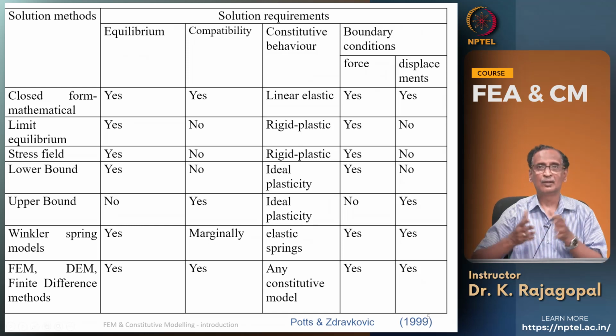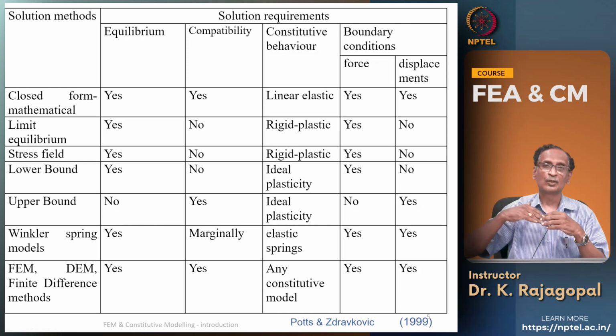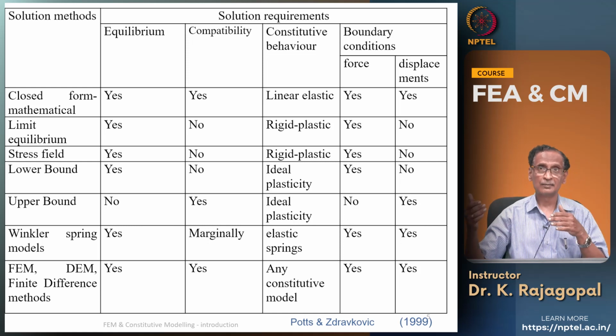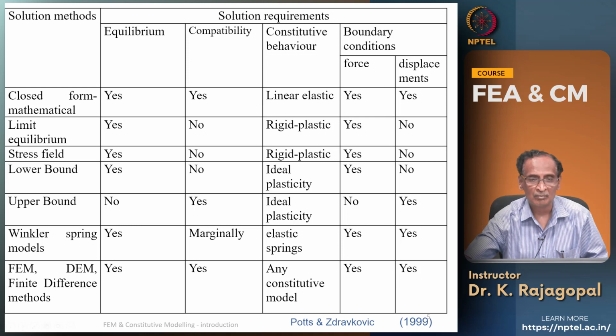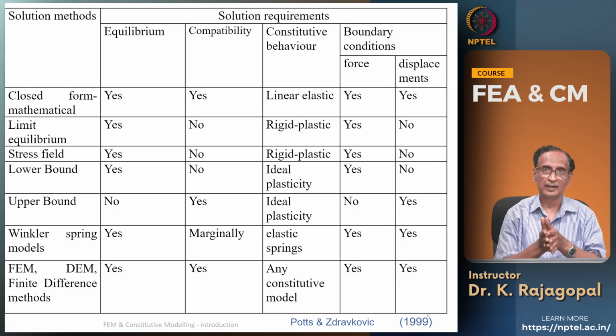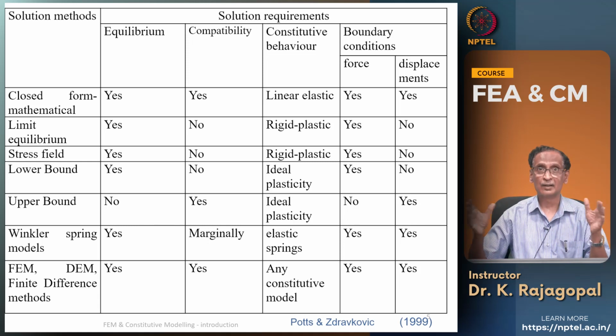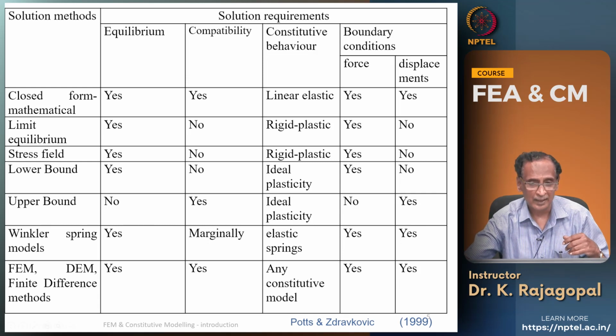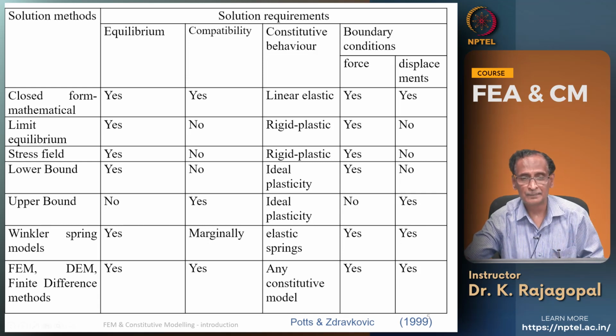Basically, equilibrium means the applied force should be equal to the reaction force, or the water coming in should be equal to the quantity of water that is going out. That is another continuity equation that we have in geotechnical engineering. And then the compatibility between the strains at different locations, or the deformations at different points within a continuum, should be satisfied. This is also satisfied.